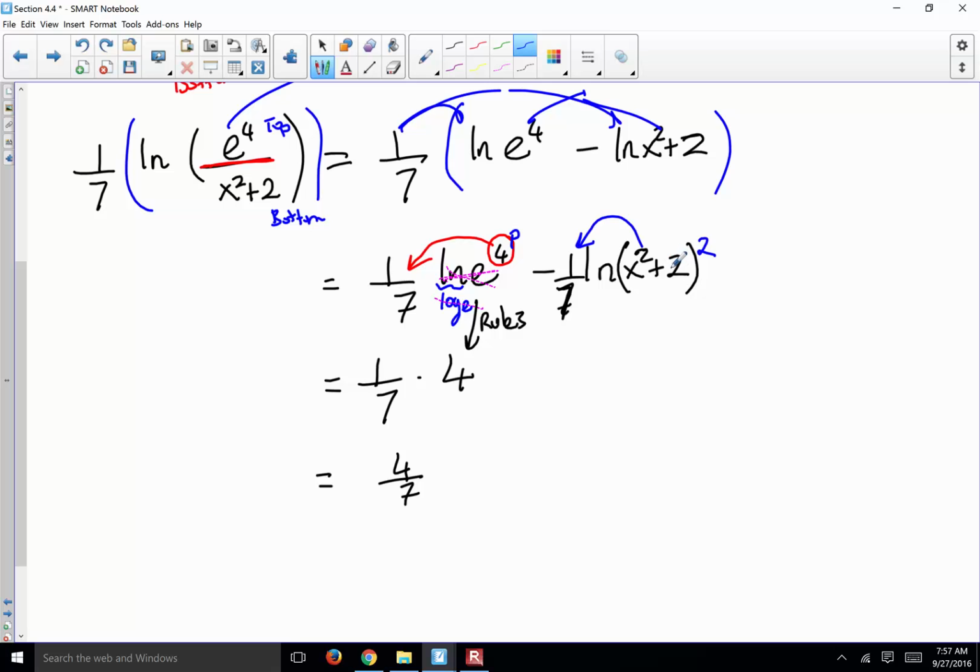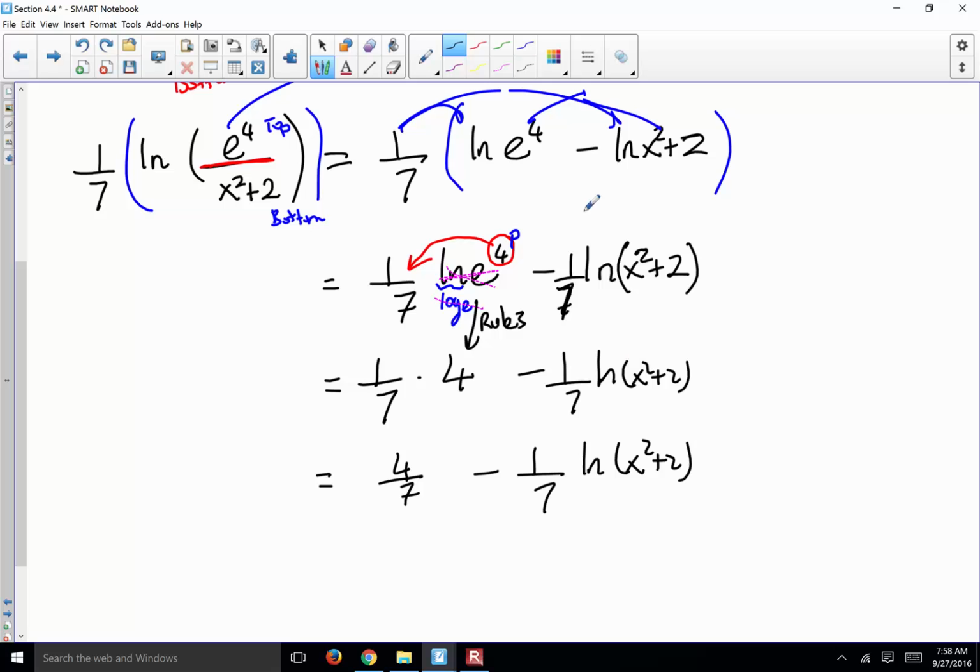This 2 afterwards is messing this up. Without this, yes, you could move this. But this 2 and x squared is a combination. It's a block. And this block must have its own power to call it out, or it won't move. This square won't leave the logarithm. So there is absolutely nothing we can do in the second half. We just leave it like that, and this is our final answer.